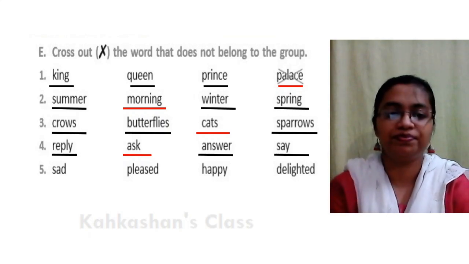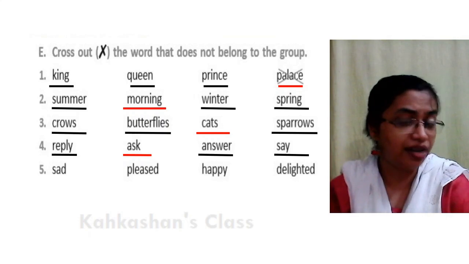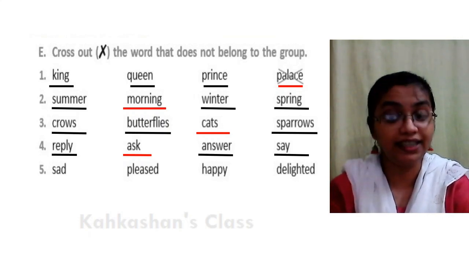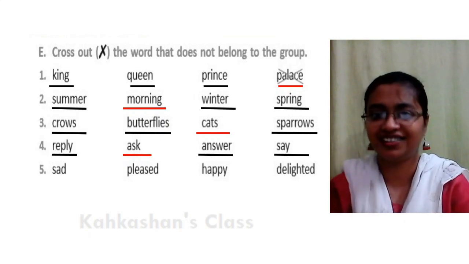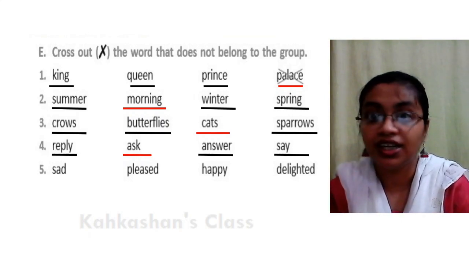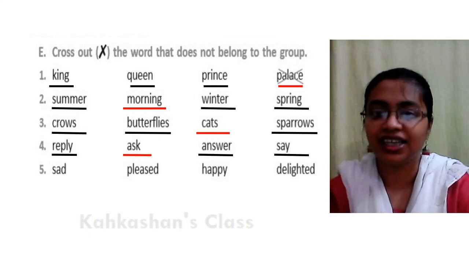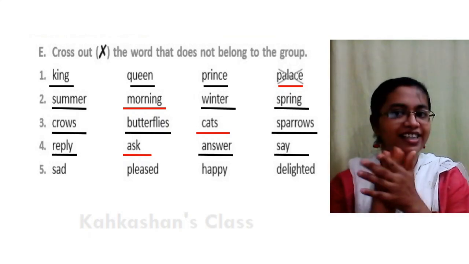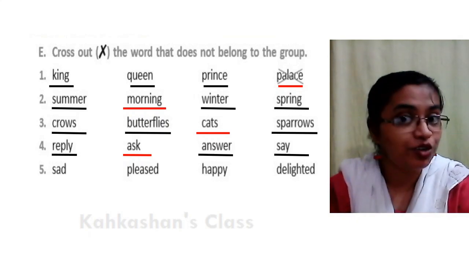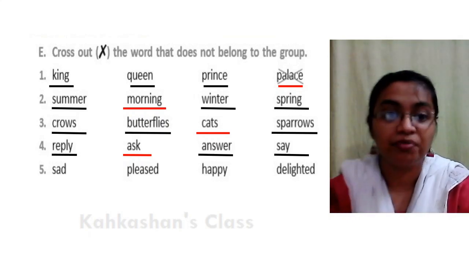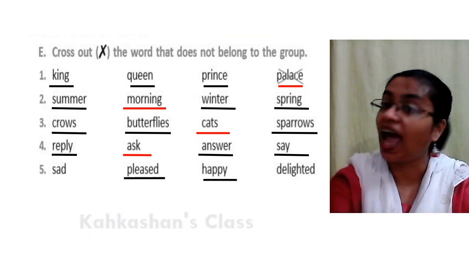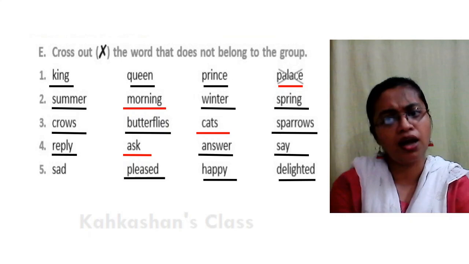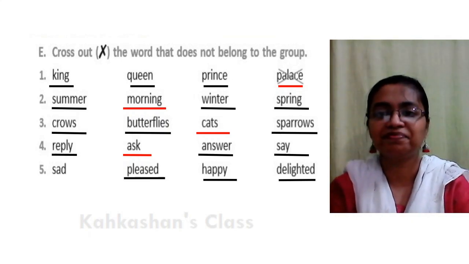The fifth one. Sad, pleased, happy, delighted. Which one is the odd one out? Tell me. Well done. The odd one out is sad because pleased, happy, and delighted are the same thing.